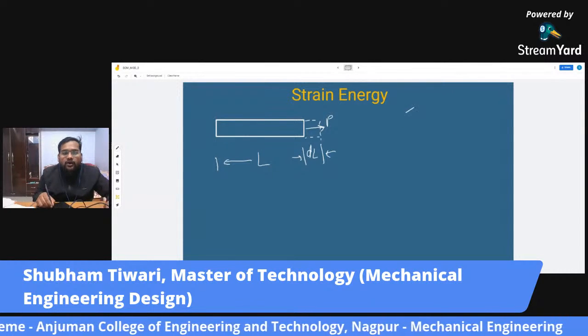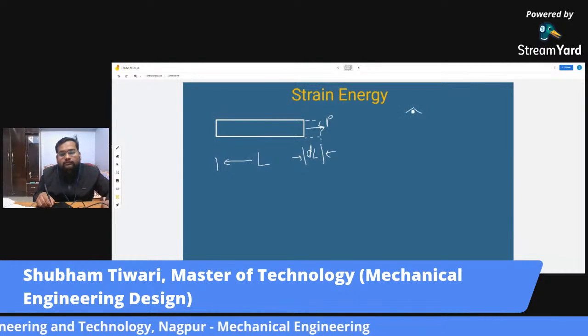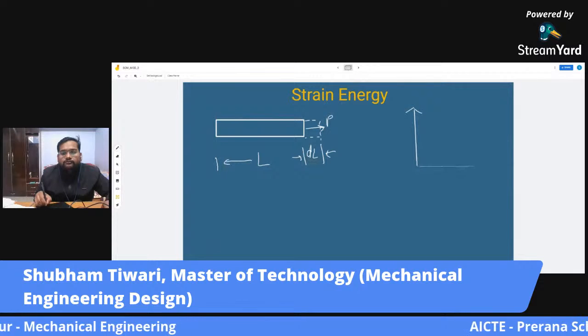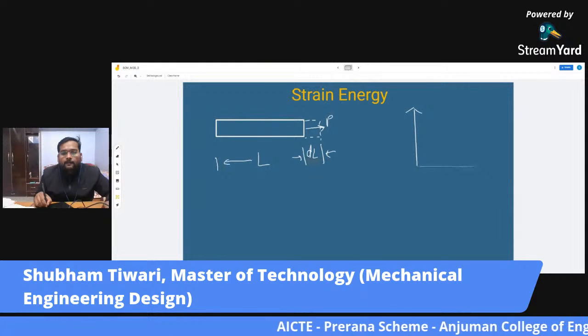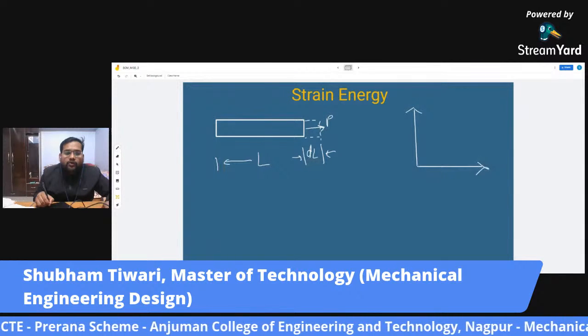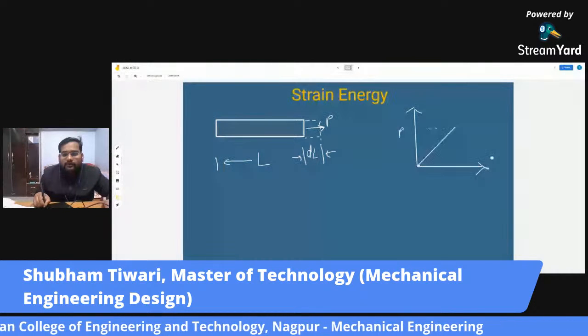So let me draw a graph for it. I went on increasing the load until it reached a value P.